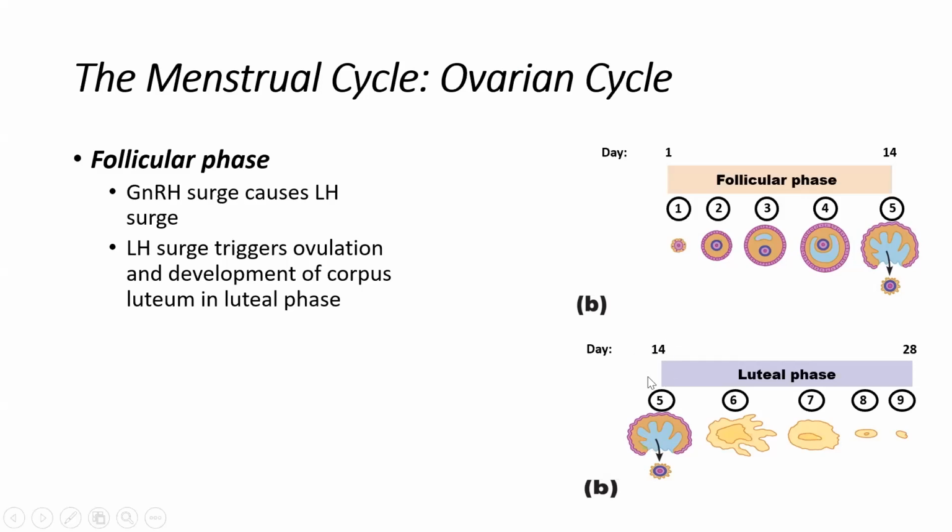So basically, after day 14, the Graafian follicle ruptures and the oocyte exits, but the rest of the structure becomes the corpus luteum. The corpus luteum takes over the production of hormones that should sustain the initial part of implantation and the initial part of the pregnancy.